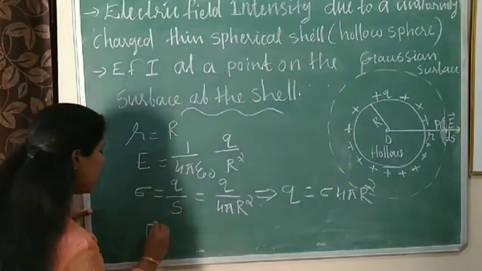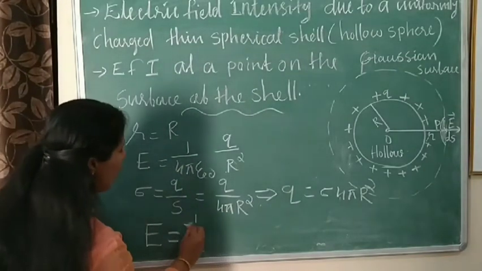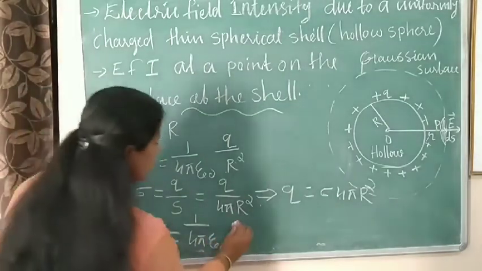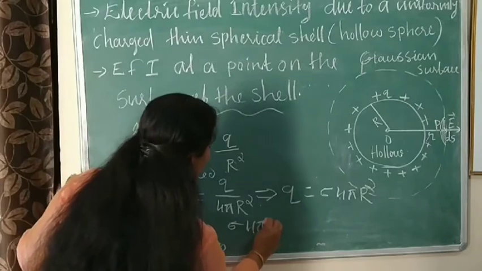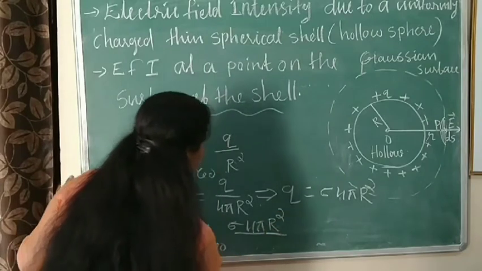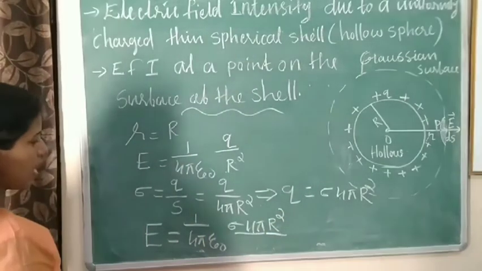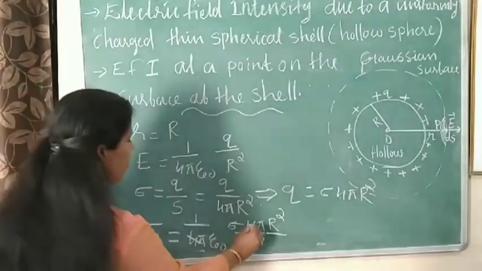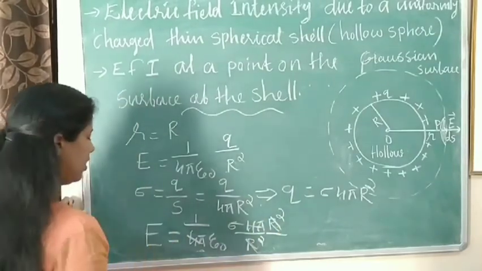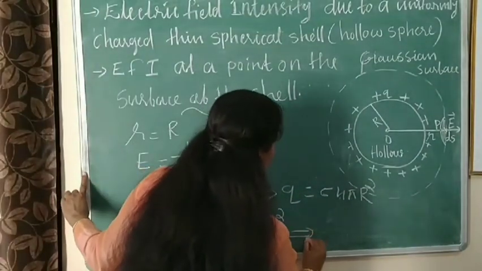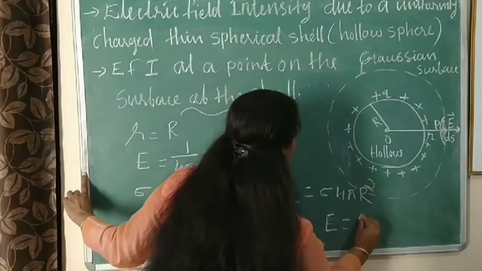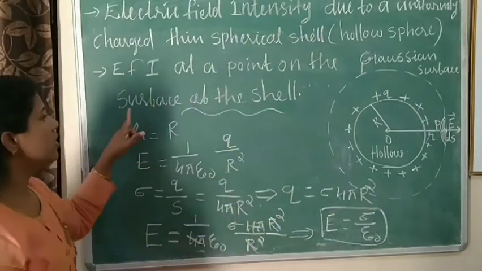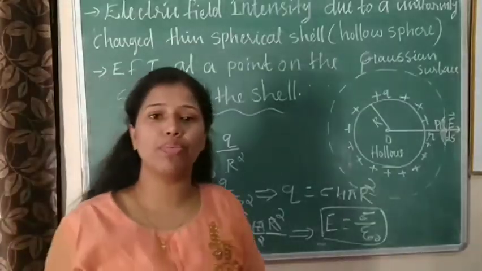Our final equation: E equal to 1 by 4 pi epsilon naught, sigma 4 pi R square divided by R square. Then 4 pi cancels, R square cancels. We get our final equation E is equal to sigma by epsilon naught. This is on the surface of the shell.